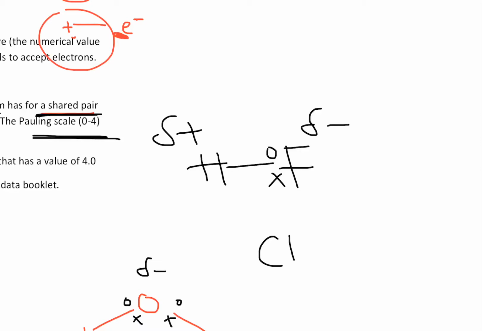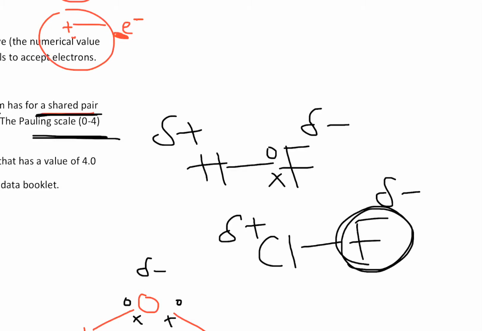If you have, let's say, C-F, definitely delta minus here, delta plus here, because this is more electronegative. The one that is more electronegative is going to pull electrons from the shared pair towards itself, and is going to develop a partial negative charge.